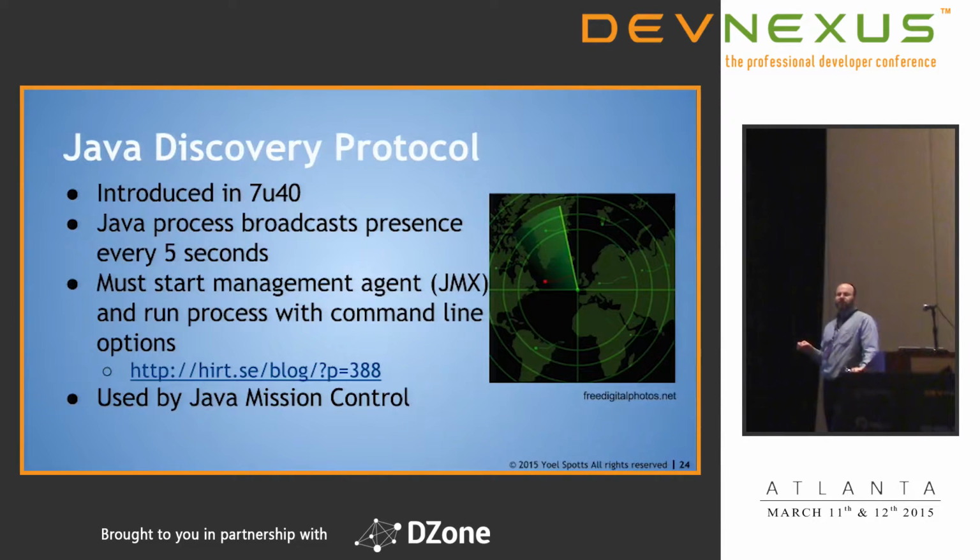Most of the tools that we'll take a closer look at do not utilize this yet. It is used by Java Mission Control if you've used that tool. I do get the impression, reading a lot of the documentation, that this is going to be used more and more as time goes on. So it is helpful to at least be aware of it at this point, even though I'm not going to mention it anymore in the slides.